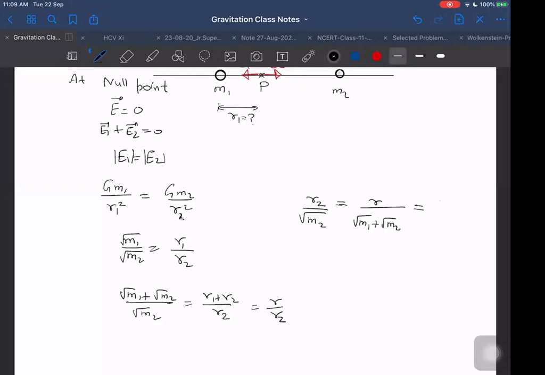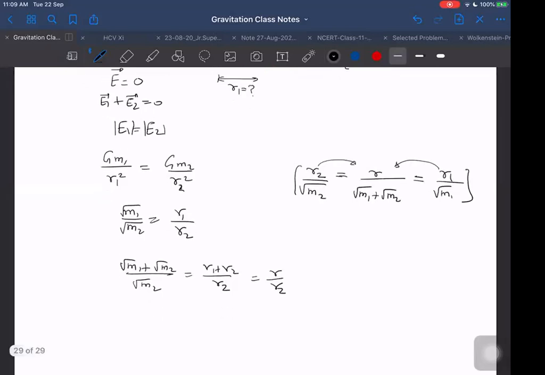Similarly, that is equal to R1 by root M1 we can write. Then this is our result at last. From here we can get R1, R2 as well as R1 in terms of the total distance. This is for 2 points.